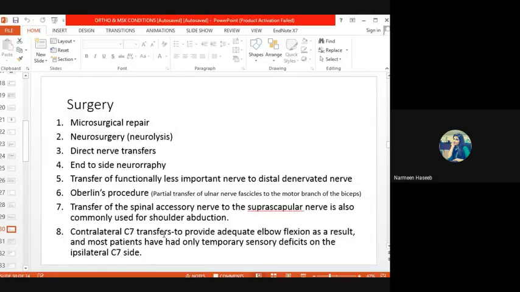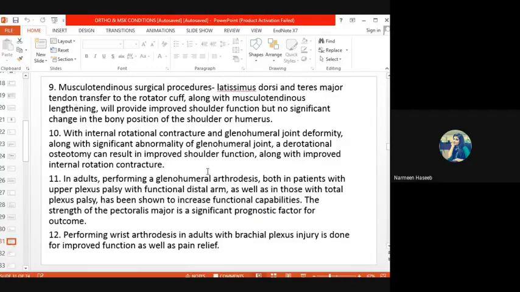Contralateral C7 transfers provide adequate elbow flexion, and most patients have had only temporary sensory deficits on the ipsilateral side of C7. Musculotendinous surgical procedures: latissimus dorsi and teres major tendon transfer to the rotator cuff, along with musculotendinous lengthening, will provide improved shoulder function but no significant change in the bony position of the shoulder or the humerus.